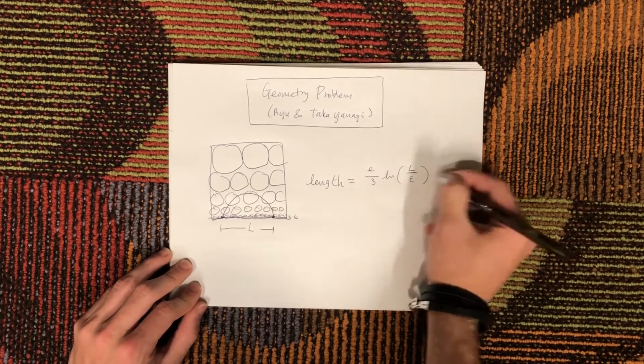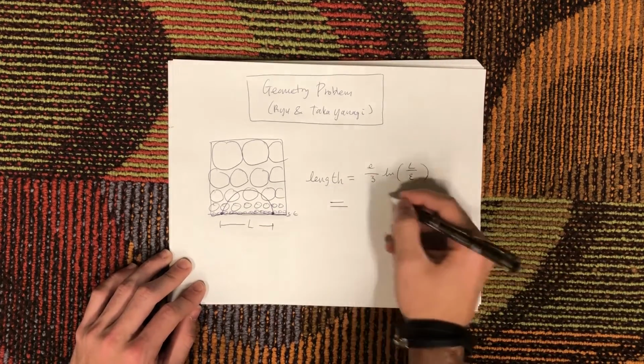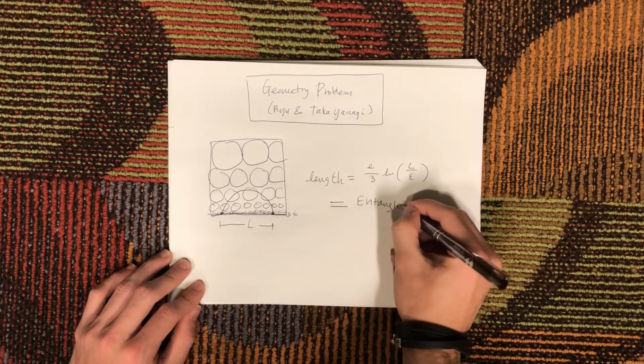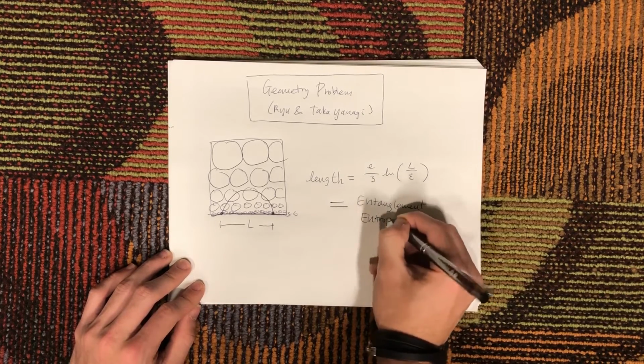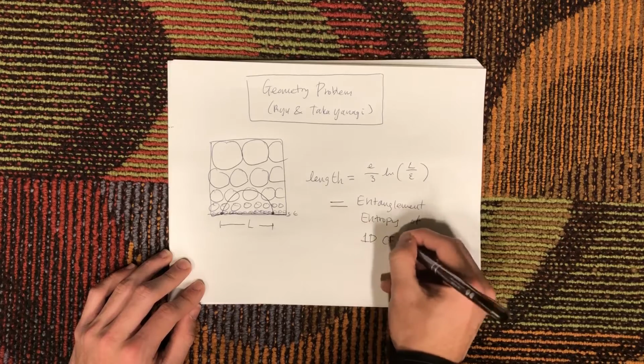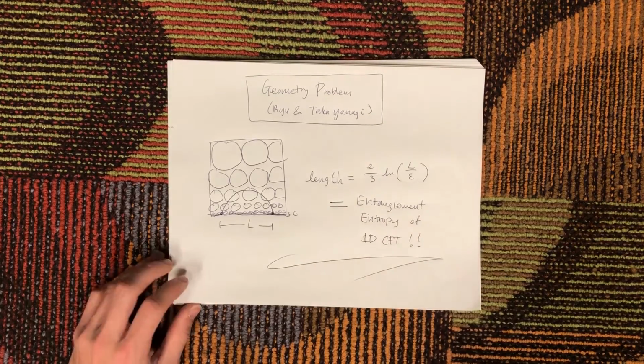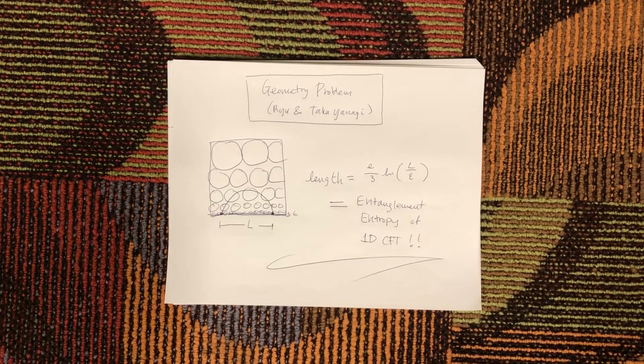And it turns out, doing some fancy calculations, that this length, this arc length of the shortest distance is equal to some constant over 3 times the natural log of L over epsilon. And this is very important, so remember that formula. It was shown that the entanglement entropy, which is one way of quantifying entropy for a quantum field theory, has the same exact formula as the length of the shortest distance between 2 points for a conformal field theory.